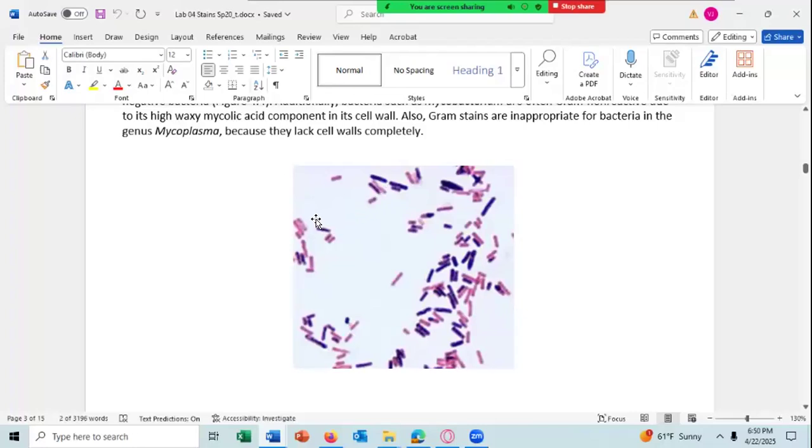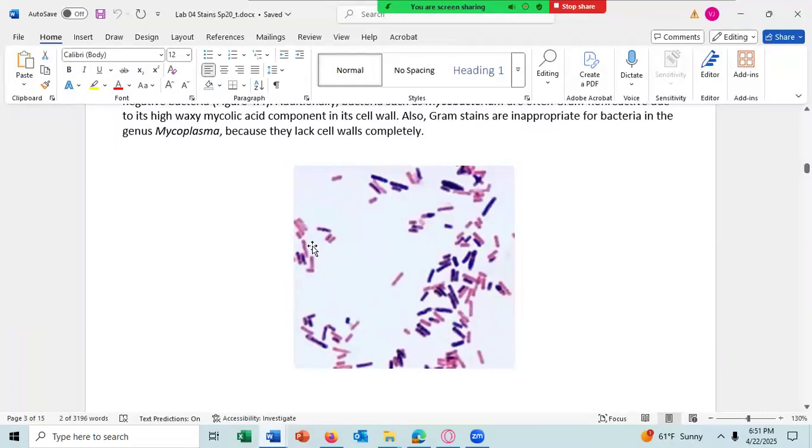That's because the dead cells are not retaining the crystal violet, and the viable cells are, and that's why these mycobacteria cells here look gram variable. But if you only grow the cells for 2 days or less, even if you're staining mycobacteria, they will stain gram positive.